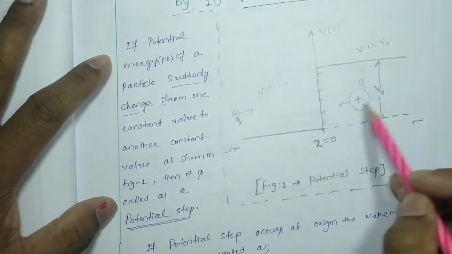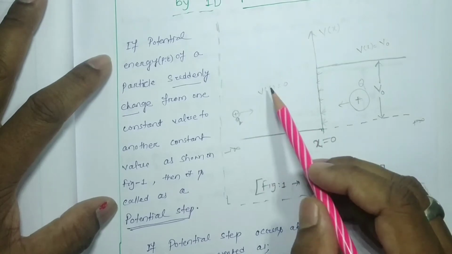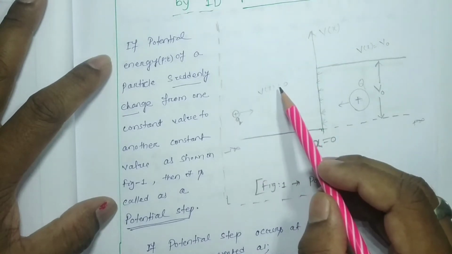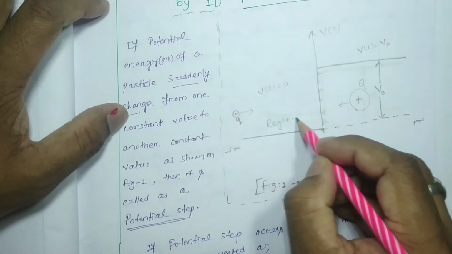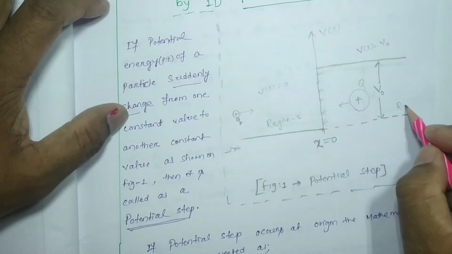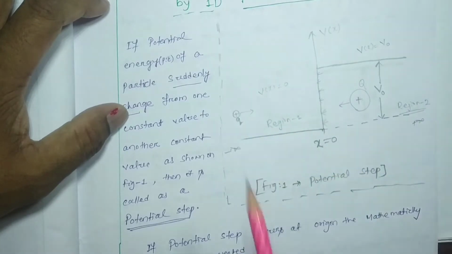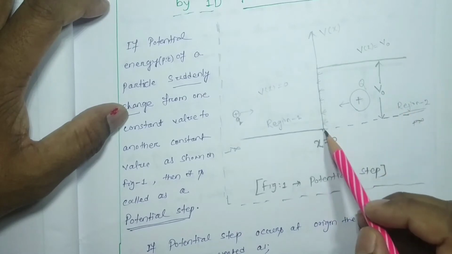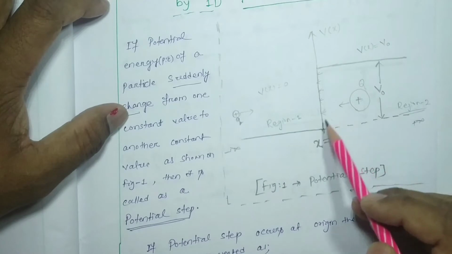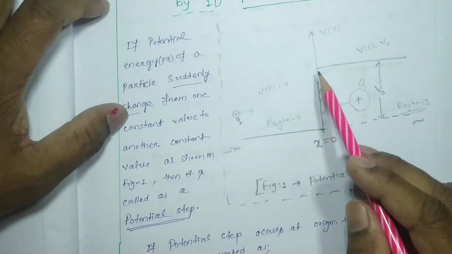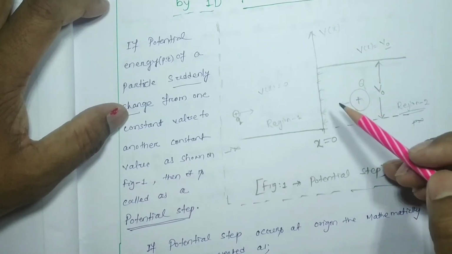Here in this region, but in this region there is no potential or no force, we can assume. So this is represented as region 1 and this is represented as region 2. In region 1 the particle moves freely, but in region 2, exactly at x equal to 0 and onwards, it perceives a force, or a potential, with magnitude equal to V0.